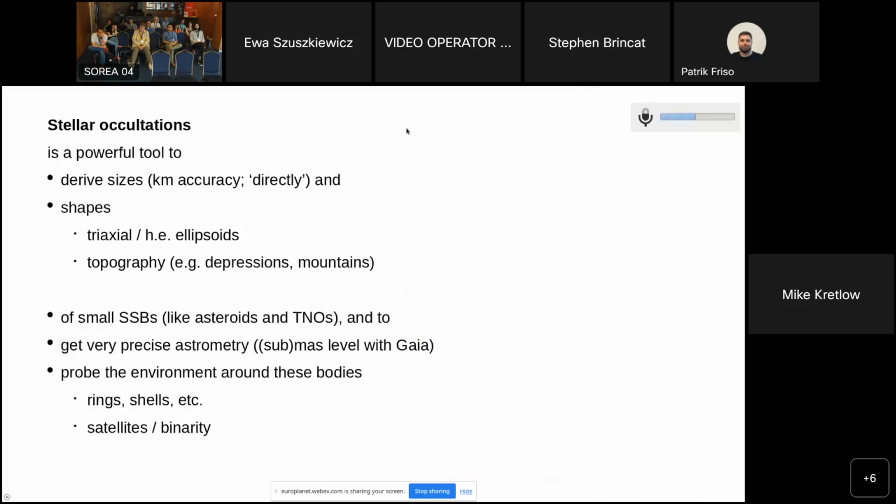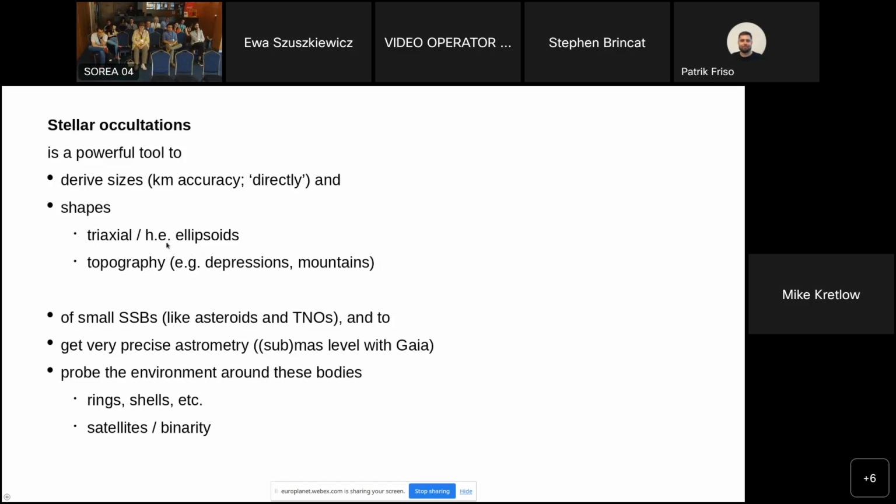So to summarize, stellar occultation is a very powerful tool. You can determine sizes with kilometer or sub-kilometer accuracy, and these are direct measurements. Of course, you also get the shapes, as you saw on the first slide. Especially in the case of TNOs, we are interested in what kind of ellipsoids we have.